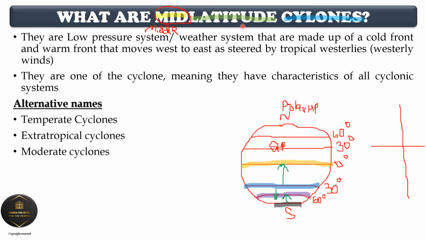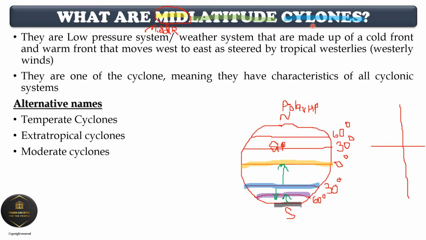Are we fine? Now, what is a cyclone? We discussed that in the previous video. In the first section of the previous video, we defined what a cyclone is, and we said that a cyclone is a low pressure system associated with what? Warm, moist, rising air. And we said these systems are characterized by having precipitation or unstable weather conditions associated with them.